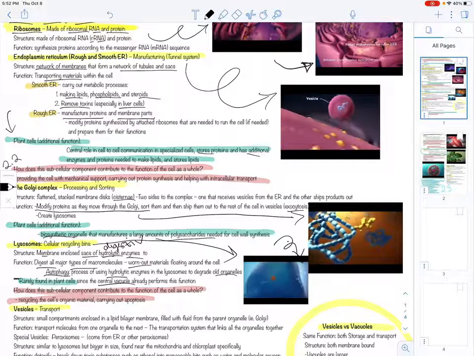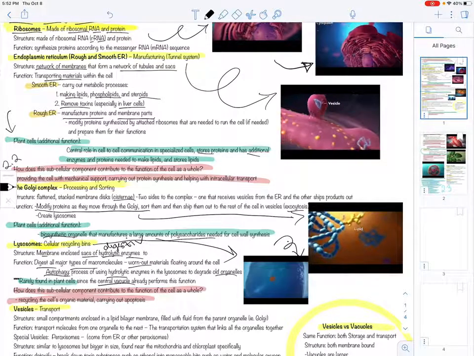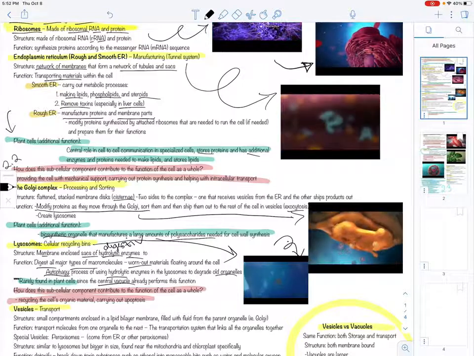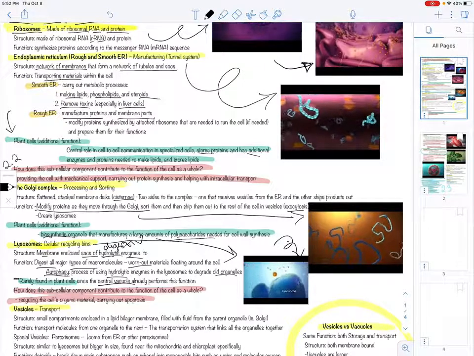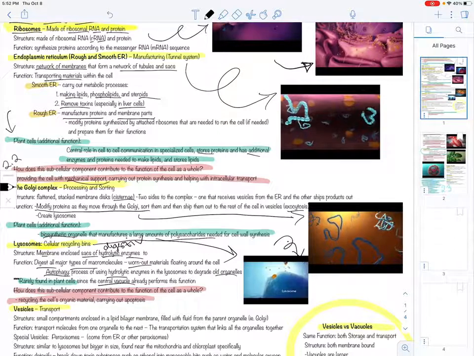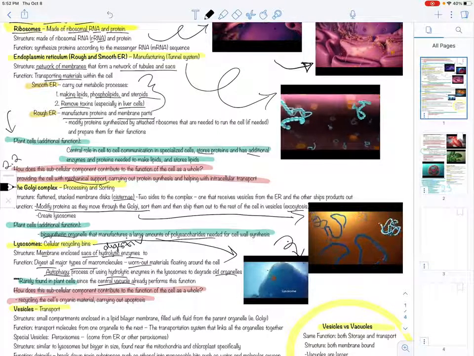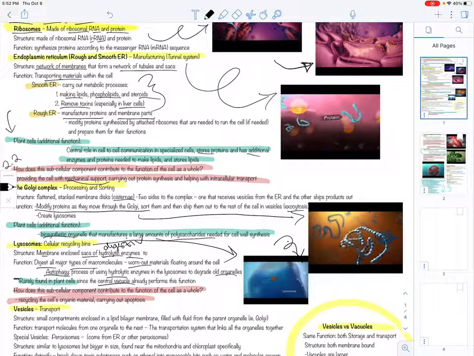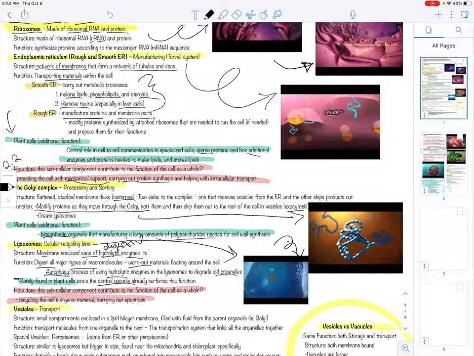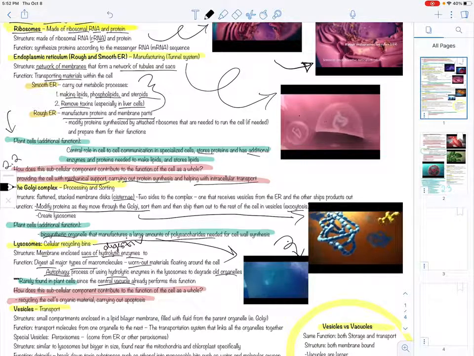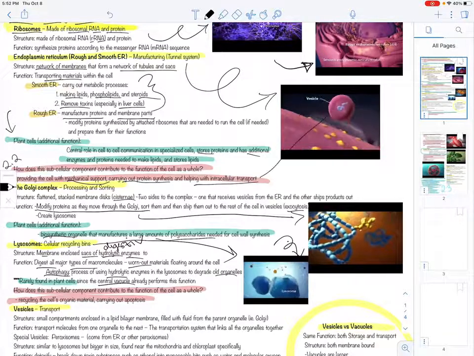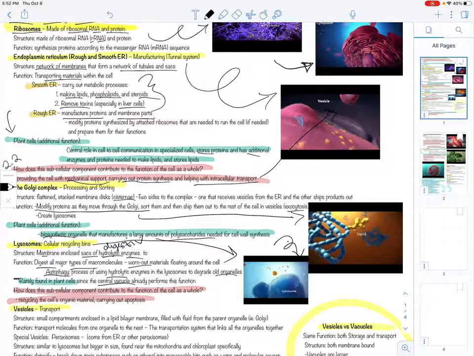Now, how do the ER and Golgi body contribute to the function of the cell? This is your 2.2. Your rough ER is providing mechanical support. So look at what it's doing right here. And it's also carrying out protein synthesis, which is going to be helping the rest of the cell. And it's helping with intracellular transport with those vesicles.